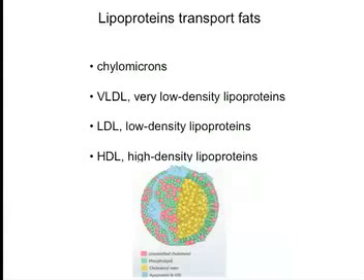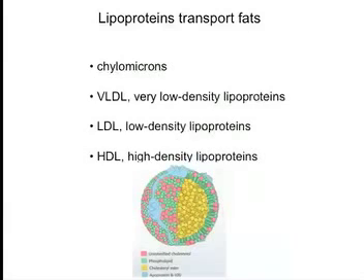Very low density lipoproteins. These are typically composed of synthesized lipids and for distribution to the tissues. Low density lipoproteins, so they're slightly higher density than the very low density lipoproteins. These are relatively high in cholesterol, and this would be our bad cholesterol, which I'm sure we're all familiar with that terminology.